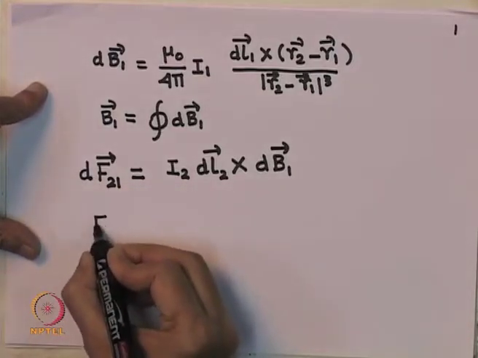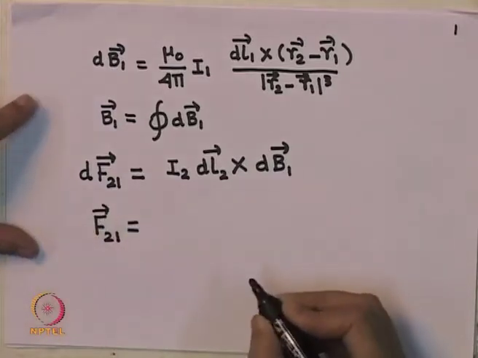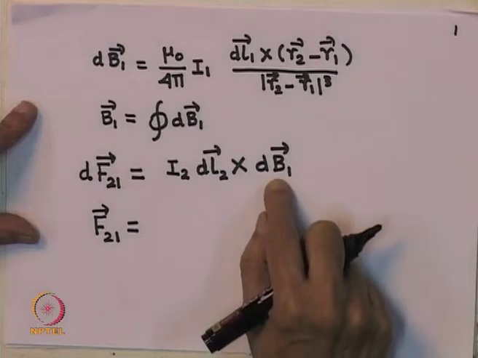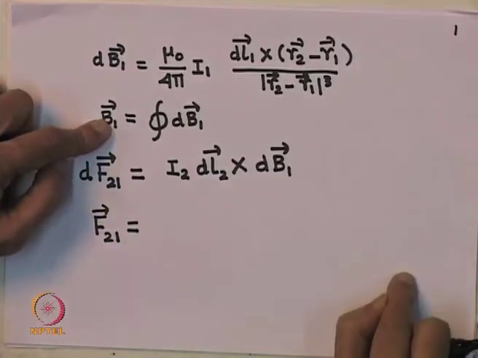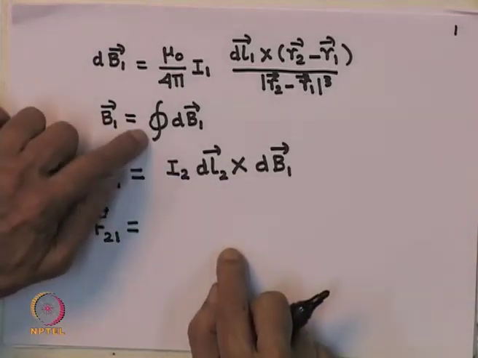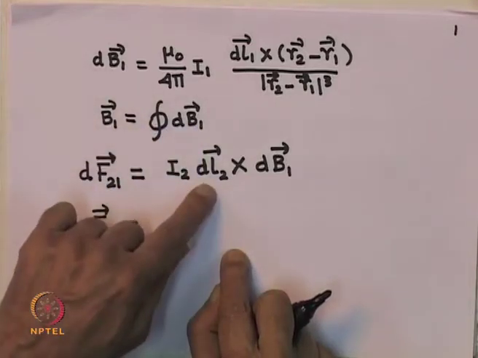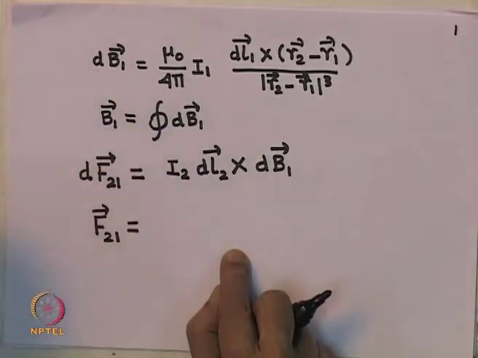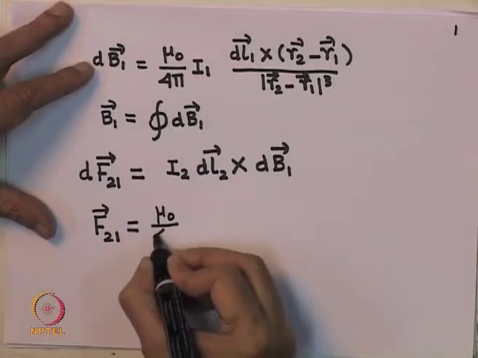Now, what is my total F21? That total F21 is the force exerted by the full B1 on the full circuit. So, therefore, I have one integral to find out the magnetic field, another integral over dL2, because I am calculating force over everything. So, this will be given by mu0 by 4 pi.